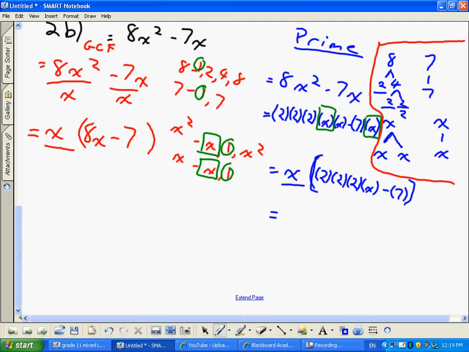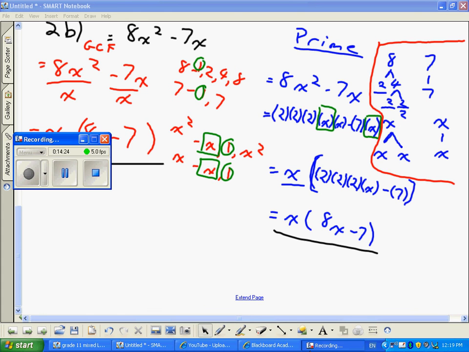Now that I've done all this, I just need to simplify that again. What is 2 times 2 times 2? 8, and then times x is 8x. And I can't really simplify 7. I found the exact same answer: x bracket 8x minus 7.